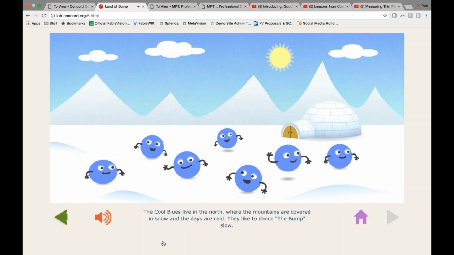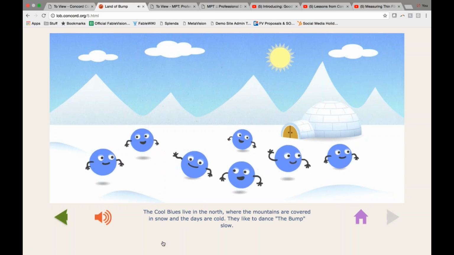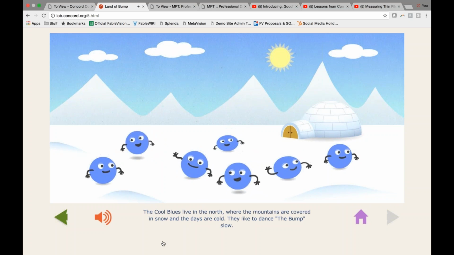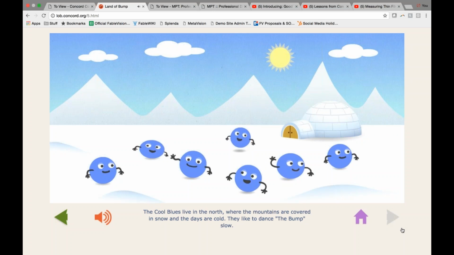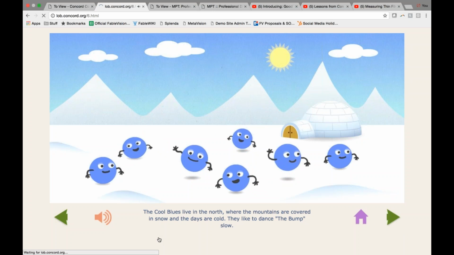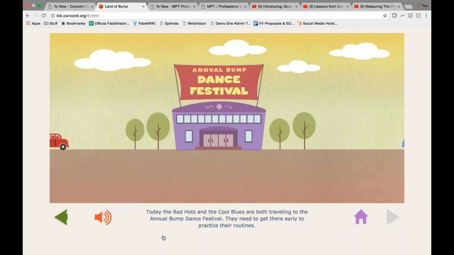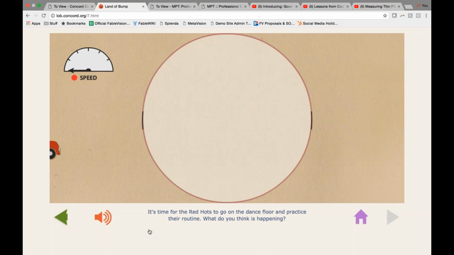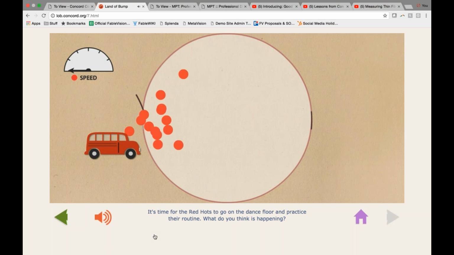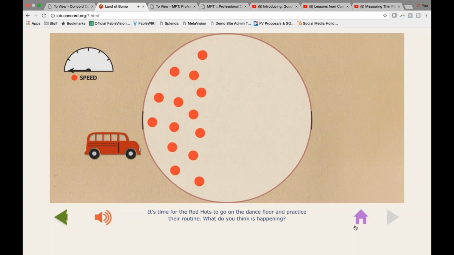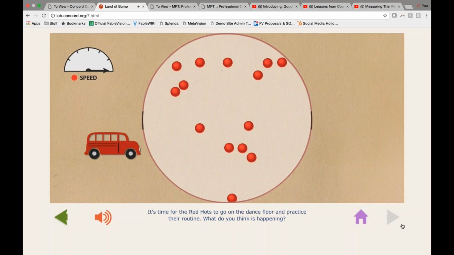The Cool Blues live in the north, where the mountains are covered in snow and the days are cold. They like to dance slow. Today, the Red Hots and the Cool Blues are both traveling to the annual Bump Dance Festival. They need to get there early to practice their routines. It's time for the Red Hots to go on the dance floor and practice their routine. What do you think is happening?